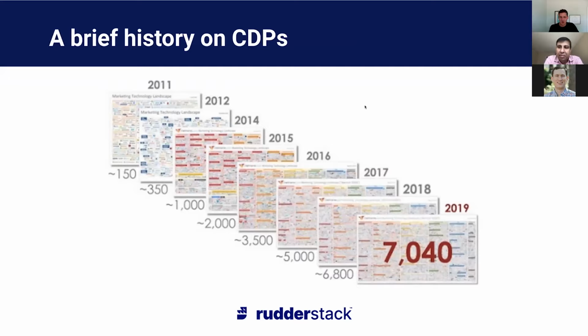So I started my career in marketing, and it's funny looking at this chart, thinking back to 2011. I remember being a digital marketer in 2011, and I remember just being really excited about software. And then as subsequent years passed, the software seemed to keep getting better and better and to do more and more things. But the acceleration is pretty crazy: to go from a couple hundred tools to 7,000 tools in less than a decade is pretty insane.